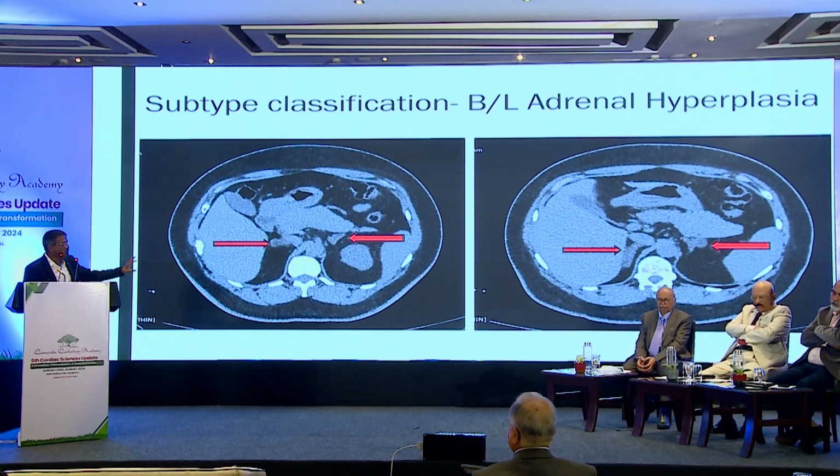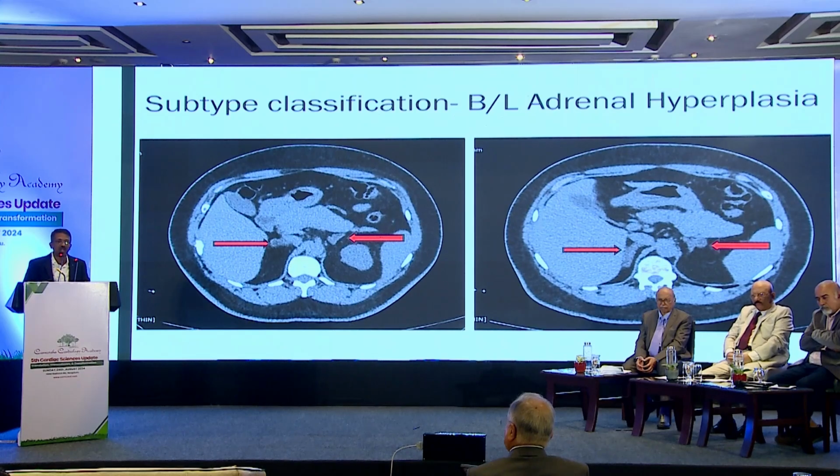So this was very obvious, and the diagnosis of bilateral adrenal hyperplasia was made. So now we have fairly come to a conclusion that he has resistant hypertension, and primary hyperaldosteronism secondary to bilateral adrenal hyperplasia.